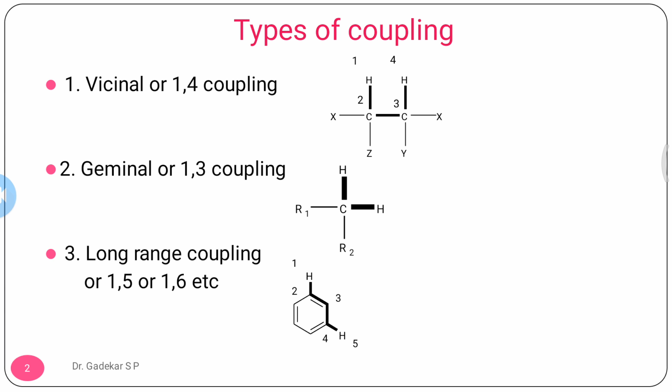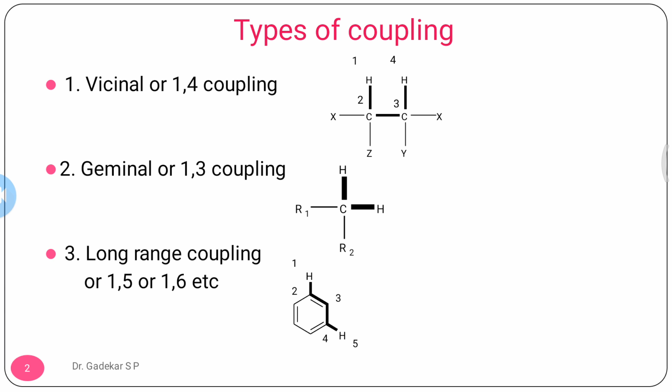First, vicinal coupling, 1,4 coupling. This is an example of 1,4 coupling: 1 hydrogen, 2 carbon, 3 carbon and 4 hydrogen. It means the first hydrogen couples with the fourth hydrogen.